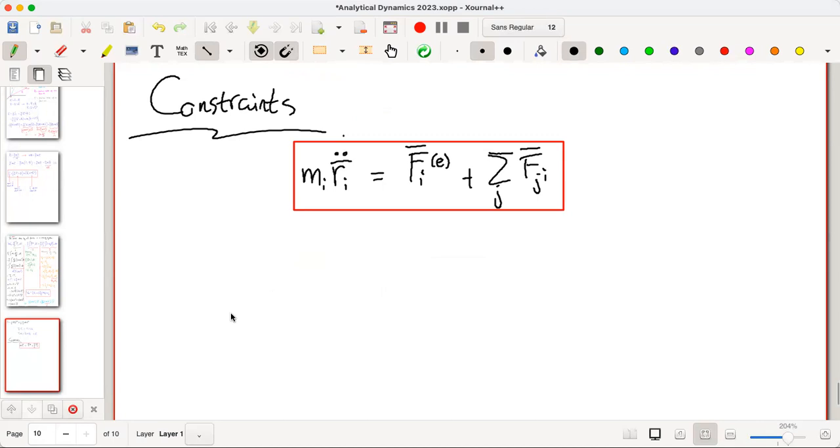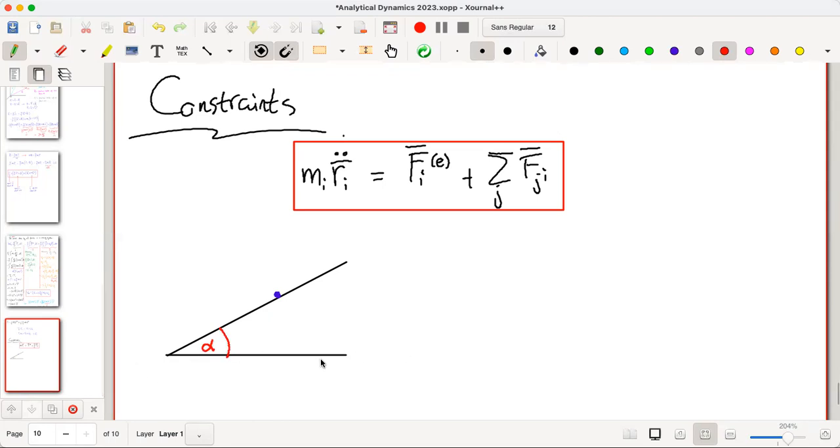This is an incredibly simple example. Suppose I have a particle that is placed on the surface of a plane, but the plane is inclined, so the plane makes an angle, let's say alpha, with respect to the ground or the horizontal plane.